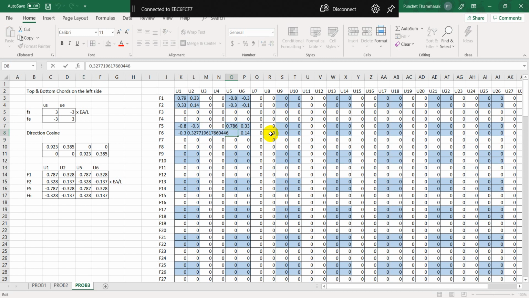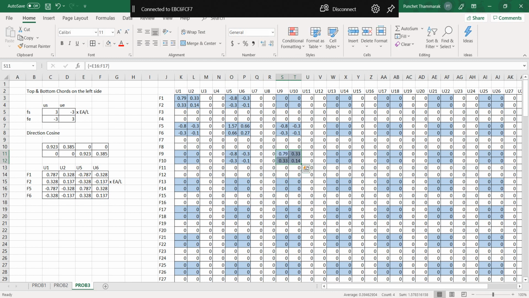So let's say this equals this, right? Multiply by 2. Okay, and here equals this. Here equals this, right? And here equals this, right?